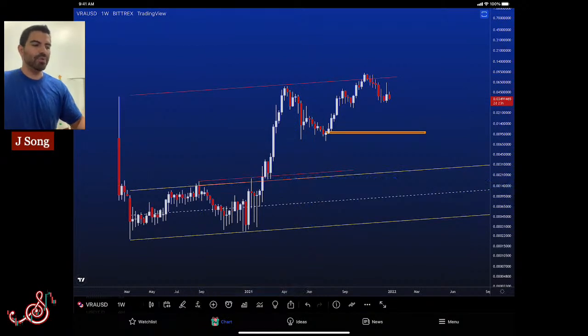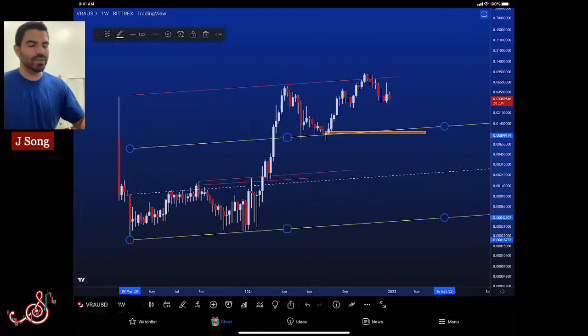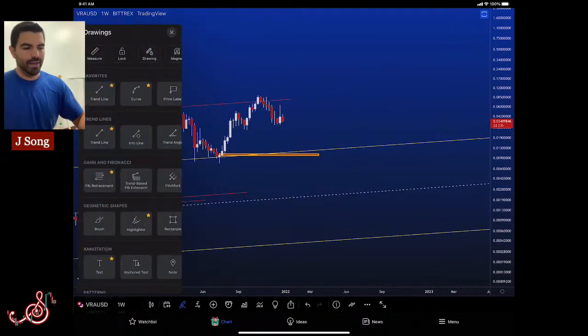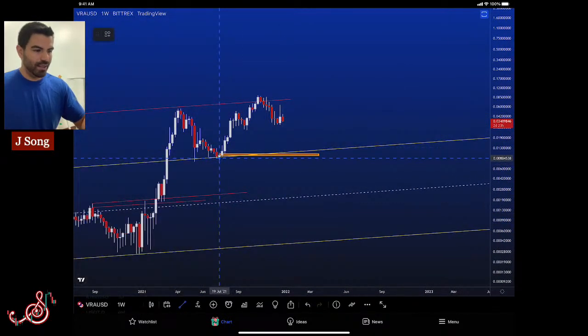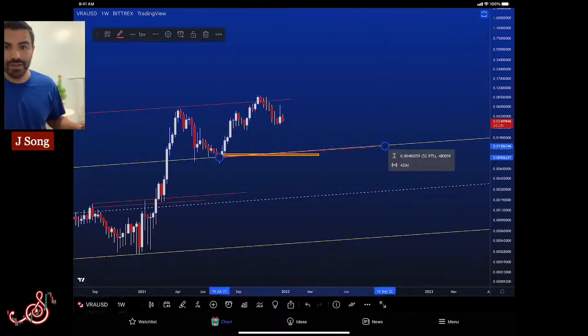In Sword 2.0, I'm staying away from really drawing channels to actually drawing what's more important. And what I found is that basically everything is a channel.